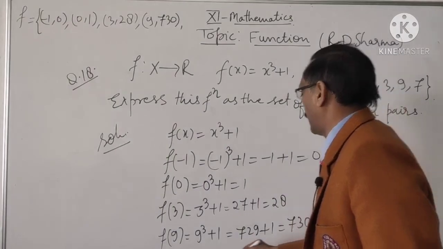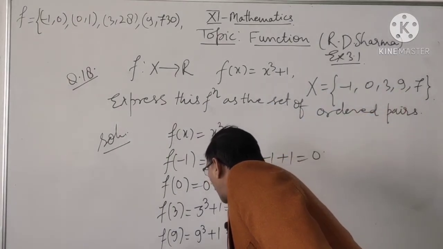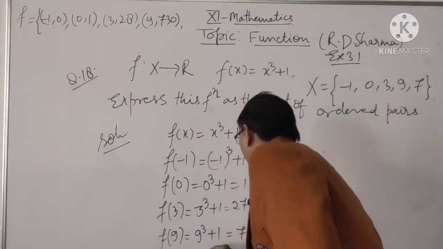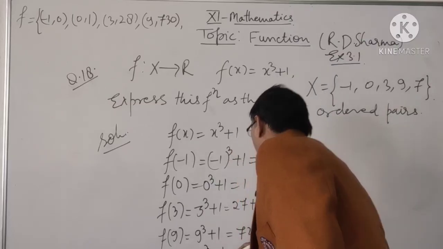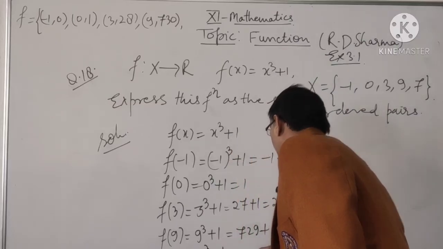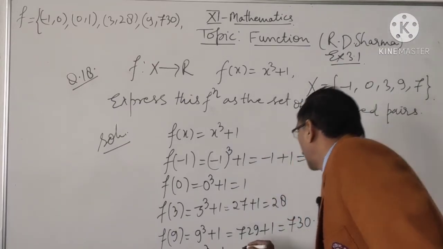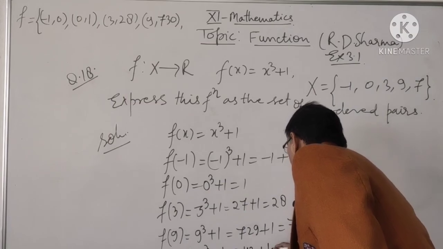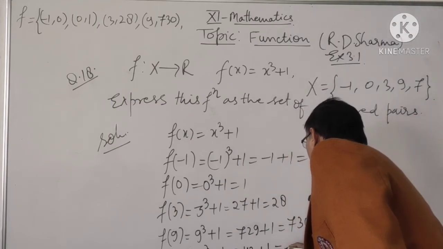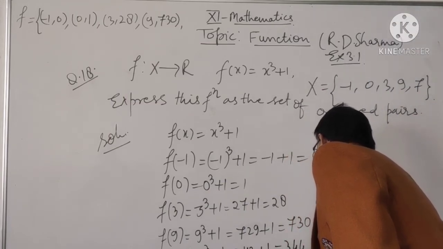And when x equal to 7, it is 7 cube plus 1. 7 cube is 343 plus 1, it is 344.